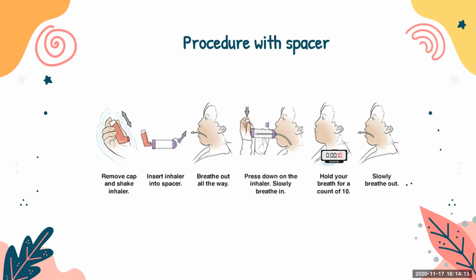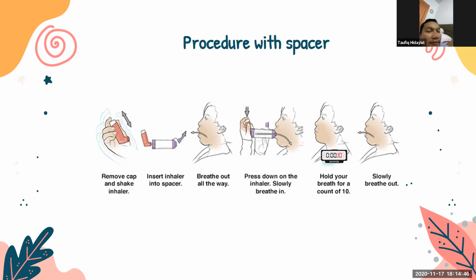And what is the instruction after administration when using the air chamber? How many breaths, how many seconds? Around 10 seconds, which actually means 5 breaths is enough. Do not ask for 10 breaths, that is too many.